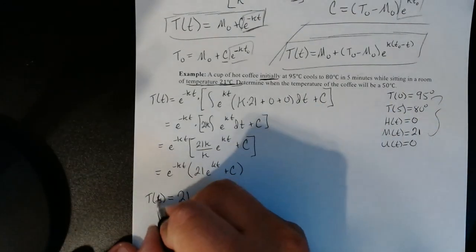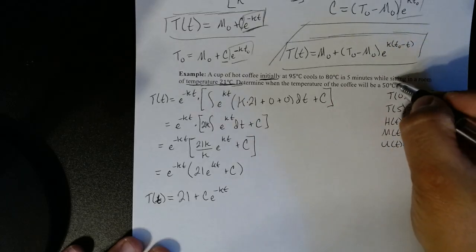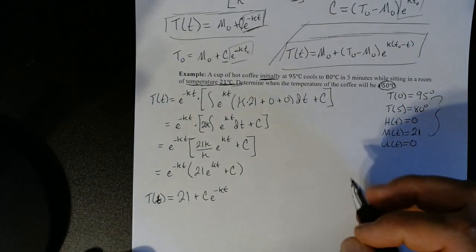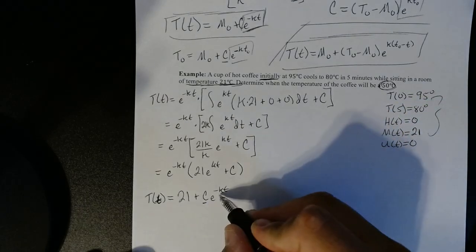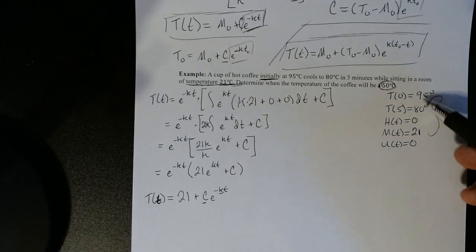However, we weren't asked to find this. We were asked to find when the temperature of the coffee is 50 degrees Celsius. Okay? So first thing is we've got to find two things now. We've got to find C, but we also have to find k. And how to do that is using the two initial conditions we have here. Okay?